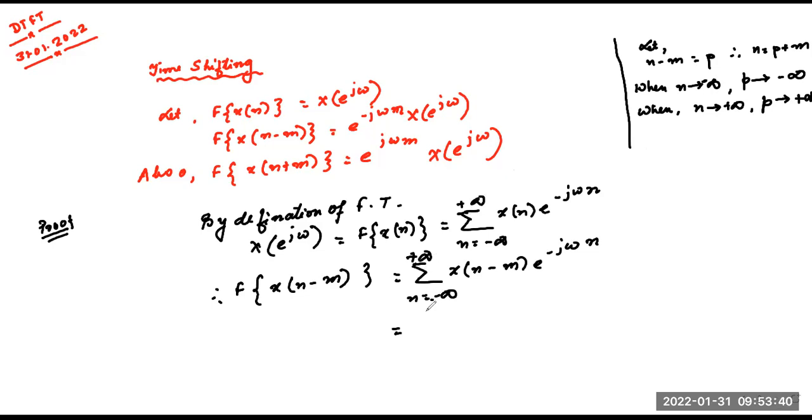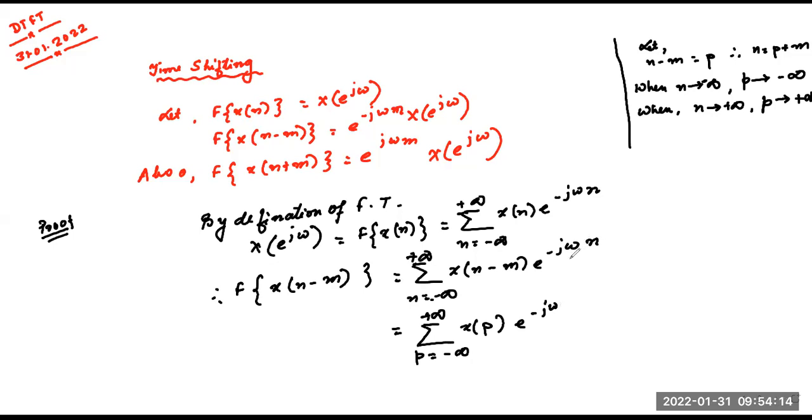So that is the summation of p equals minus infinity to plus infinity x of p into e to the power minus j omega, m plus p. Sorry, I jumped one step.